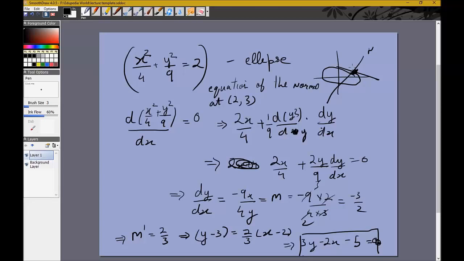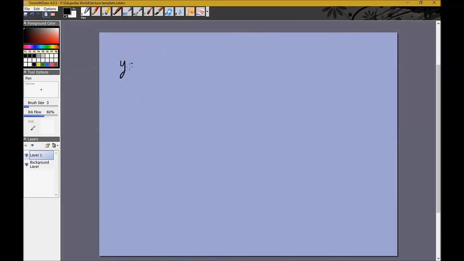Right. Now you don't always need to be asked this explicitly. They can give you a function, say y is equal to x cube minus 9x, and say where is the tangent parallel to the x-axis.